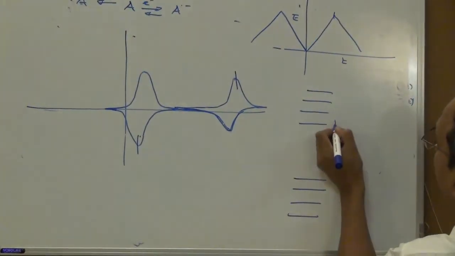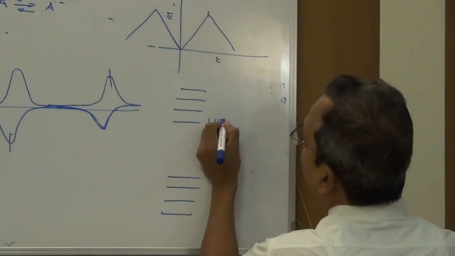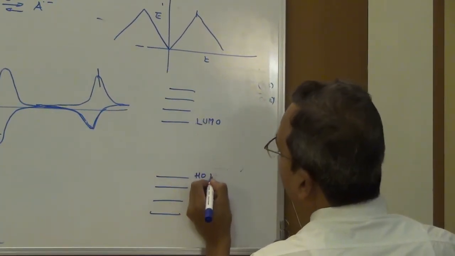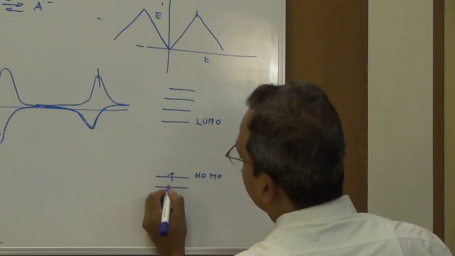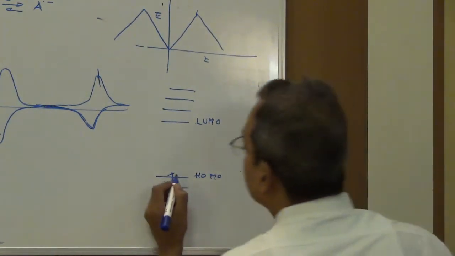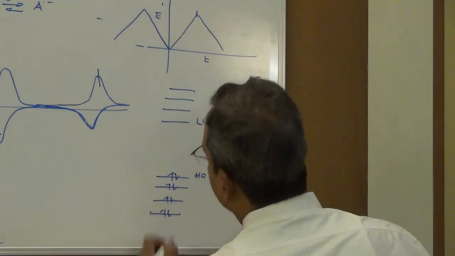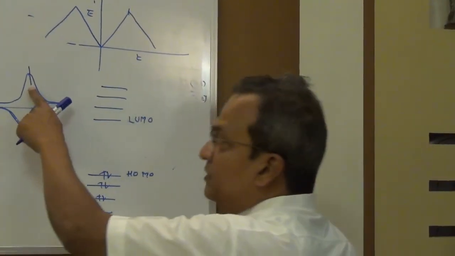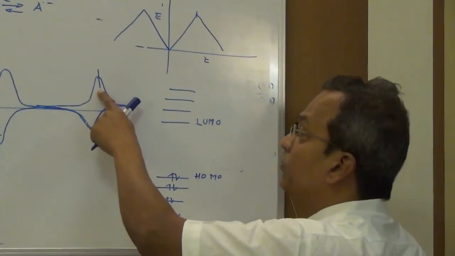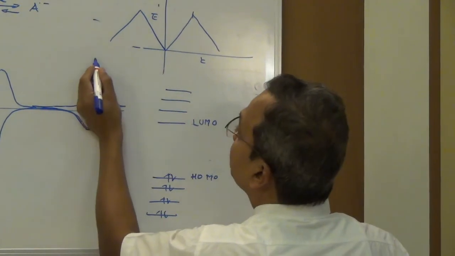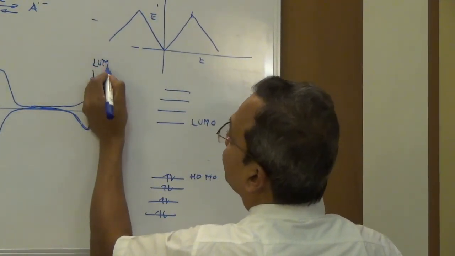This is the lowest unoccupied molecular orbital, LUMO, and you have the highest occupied molecular orbital, so you have electrons here. When this electron transfer occurs, where will the electron go? Into the LUMO. So that means this cathodic peak you can mark as the LUMO of the molecule.